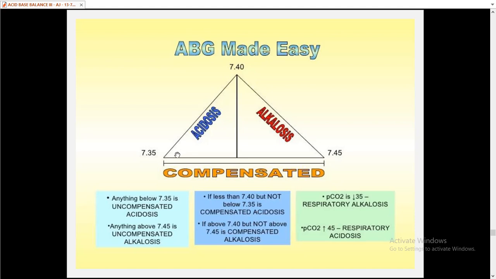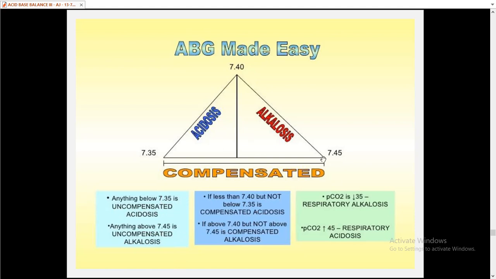We call it acidosis when the pH falls below 7.35 and alkalosis when the pH rises above 7.45. So anything below 7.35 is uncompensated acidosis.